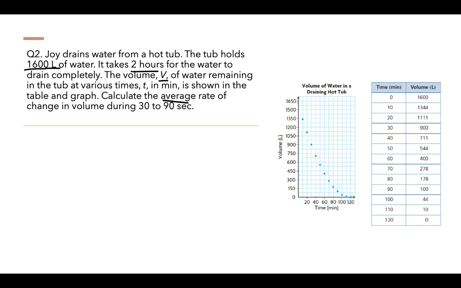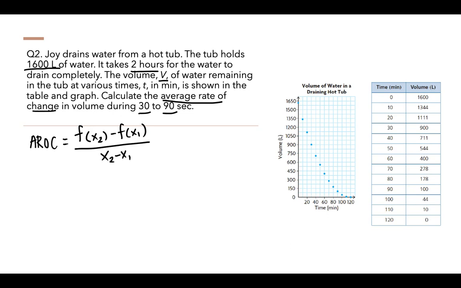Calculate the average rate of change in volume during the 30 to 90 seconds. So again, let's write down the formula. Average rate of change is equal to f(x2) minus f(x1) over x2 minus x1.